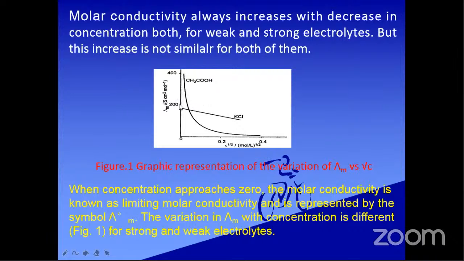By plotting a graph between molar conductivity lambda m and concentration, what is happening? Concentration values are 0, 0.1, 0.2, 0.3, 0.4, 0.5 on one axis, and molar conductivity is on the other axis. By decreasing the concentration, the molar conductivity increases, an inverse relationship. When the concentration approaches zero, the molar conductivity is known as the limiting molar conductivity.